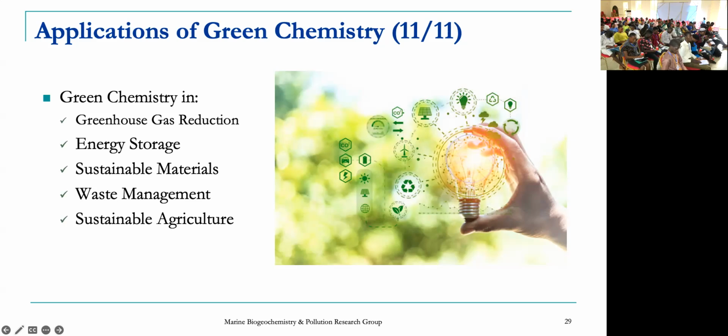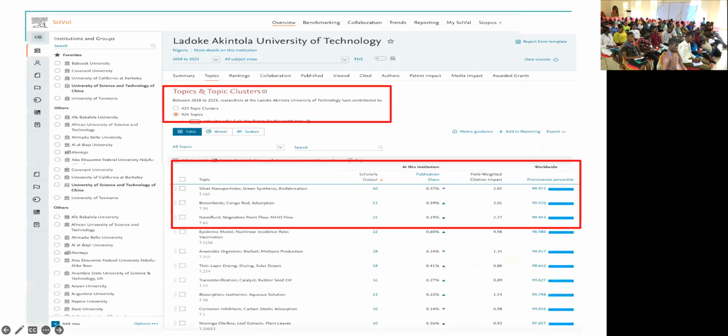Permit me to move on and show you your university's contributions to green chemistry and sustainability engineering research on other topic clusters. This is what you have done so far, and I must say it's quite commendable. I conducted a SciVal analysis between 2018 and 2023. The researchers at your university have contributed to about 423 topic clusters, and of course about 924 topics.